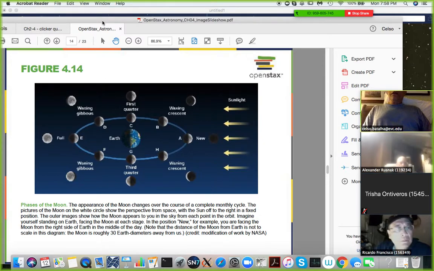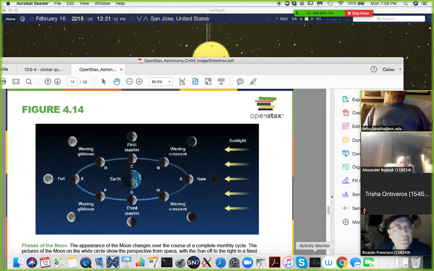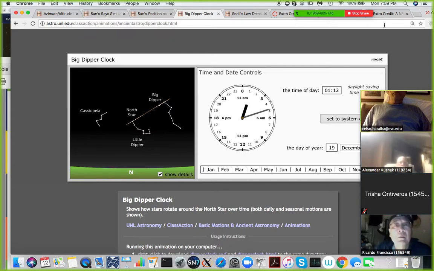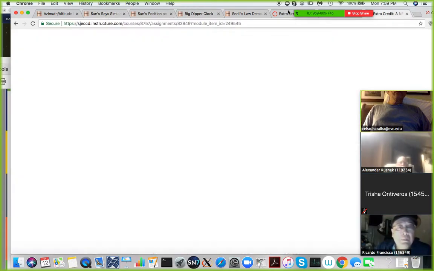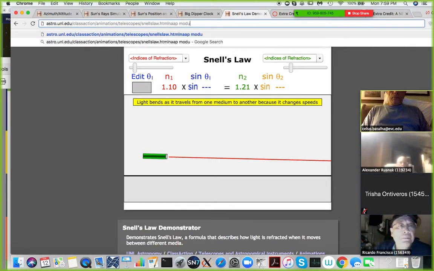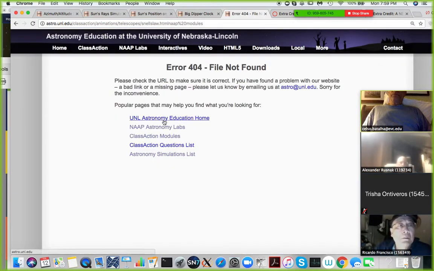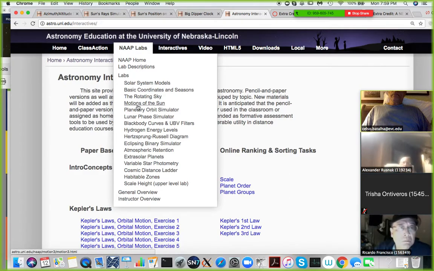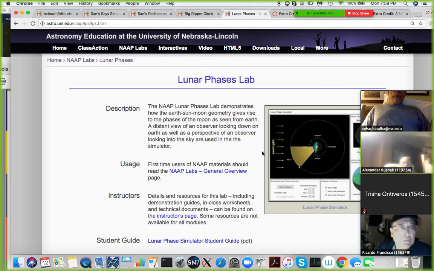Now the lunar simulator is a nice simulator to better understand the moon phases.